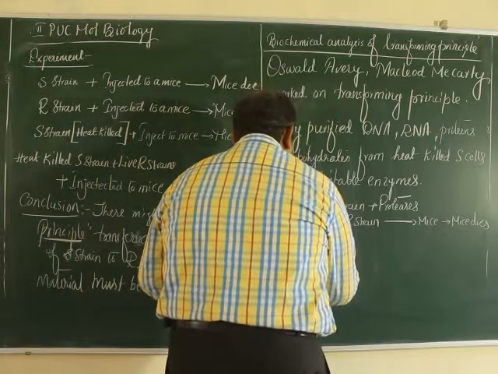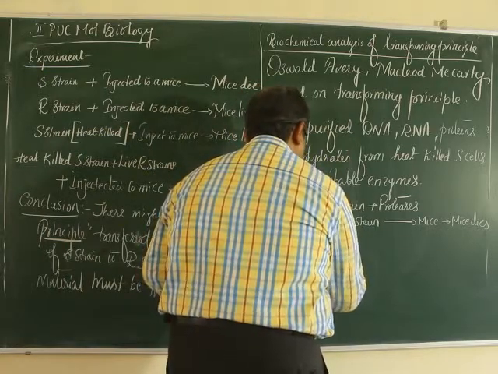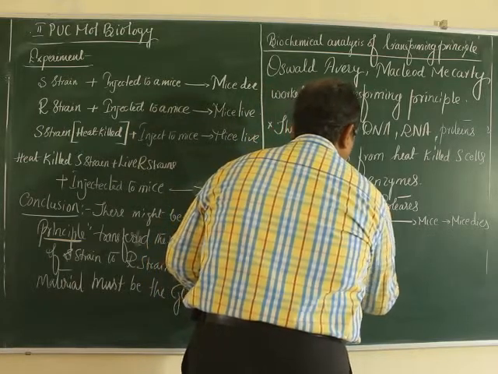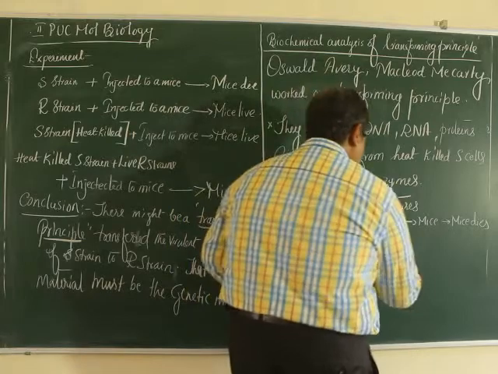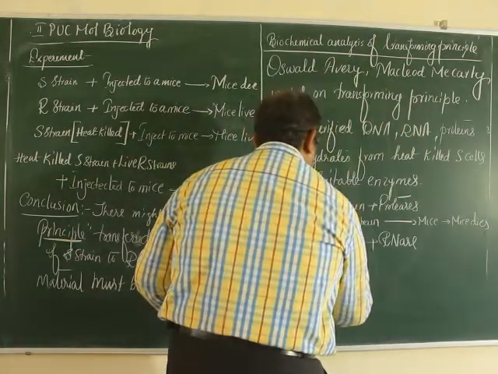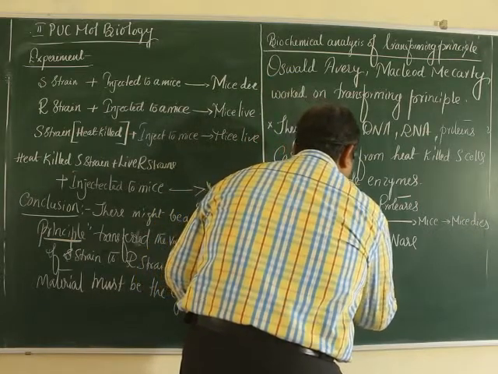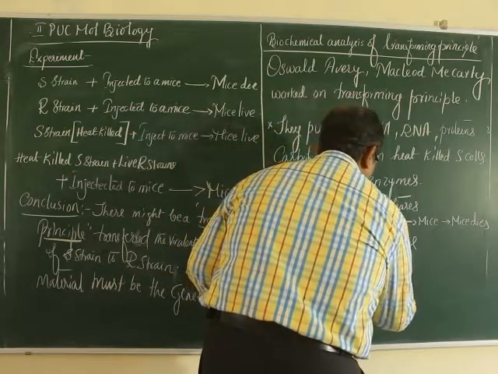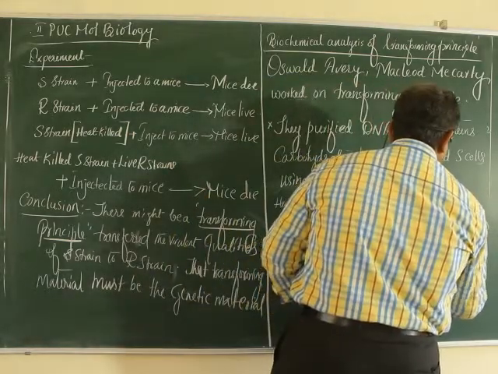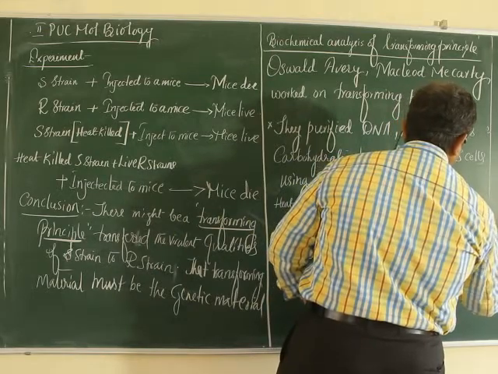Then heat-killed S-strain, RNase, which digests RNA, and live R-strain, injected to the mice, the mice dies.